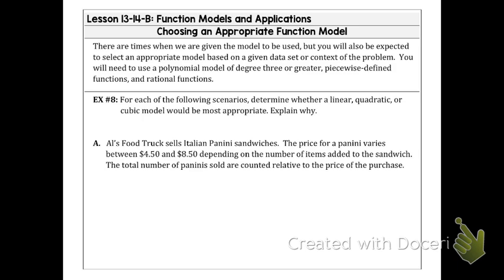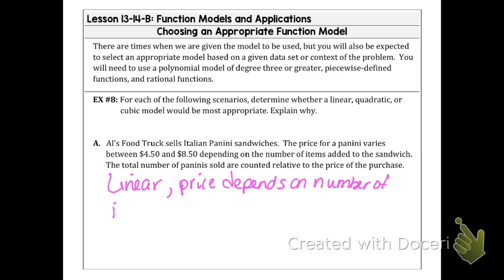All right, so this one here would just be linear, because the price depends on the number of items added to the panini. All right, and those would have a constant price, so it's an additional so much per item.